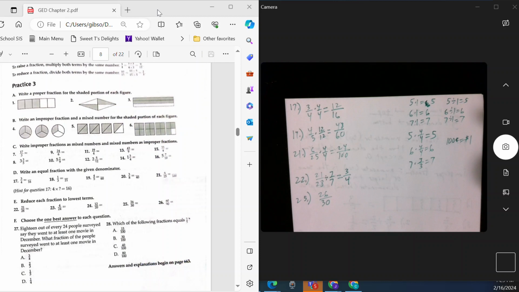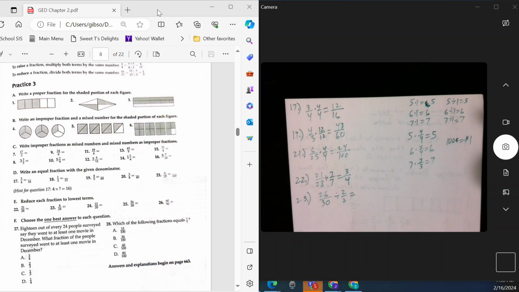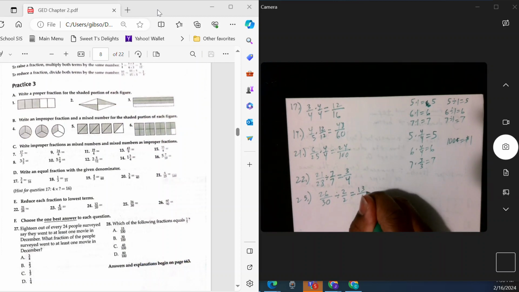So whenever you have even numbers, you could always divide by 2. So you could divide both of these by 2 to make the number a little smaller to see if there's anything else you could pull out. 26 divided by 2 is 13. 30 divided by 2 is 15. So 13 over 15 is your final answer.